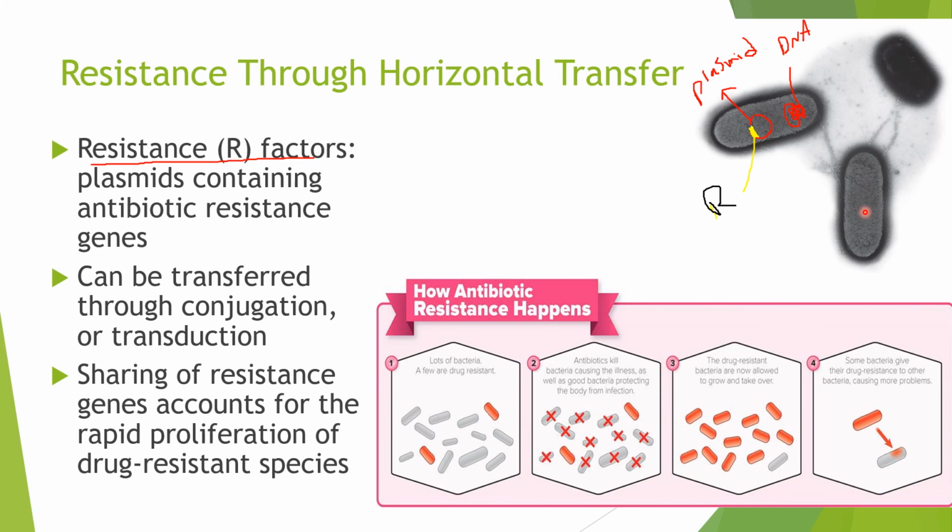So what happens is this bacteria right here can actually transfer over its plasmid. It's not going to completely give it, but it's going to give part of it, okay? So via conjugation, remember these conjugation pili that we talked about in previous weeks.